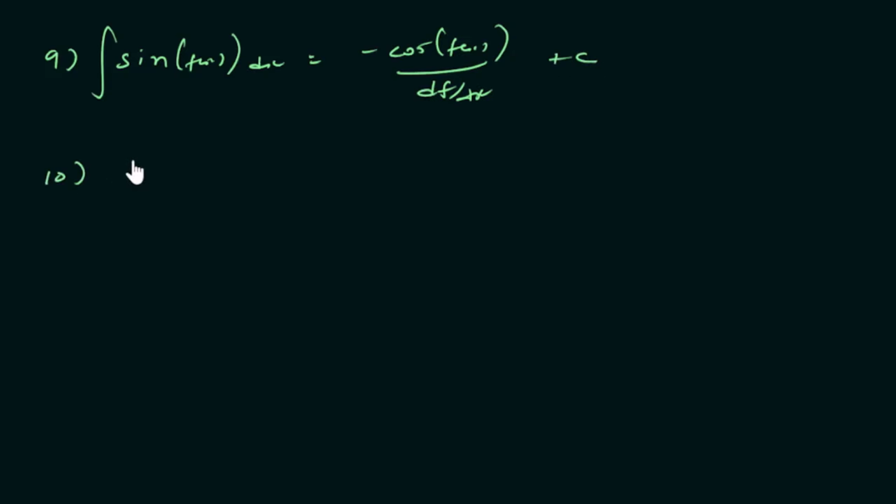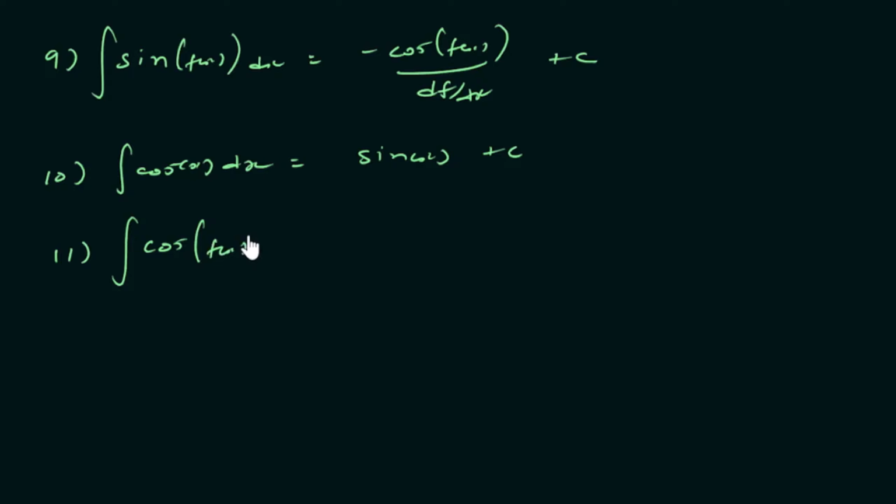The 10th kind of standard formula is integration cos x dx is sin x plus c. Our 11th kind of standard formula is integration of cos of f of x dx will be equals to sin of f of x divided by df by dx plus c.